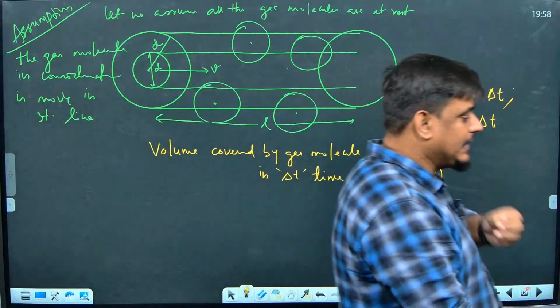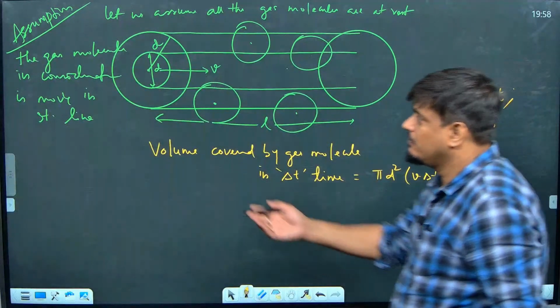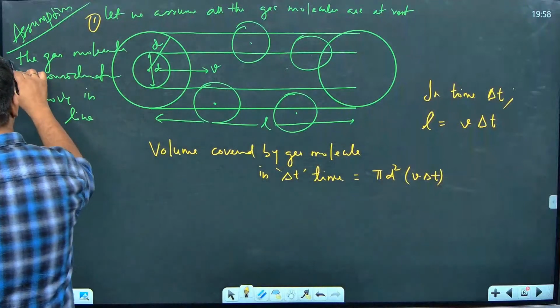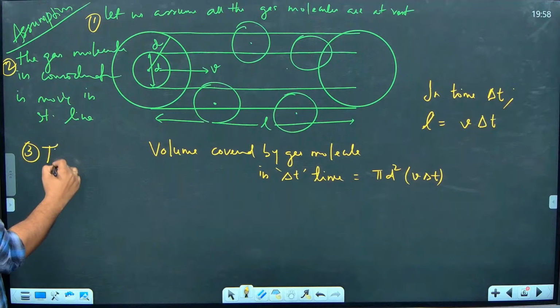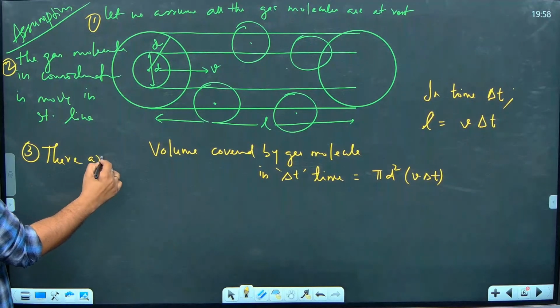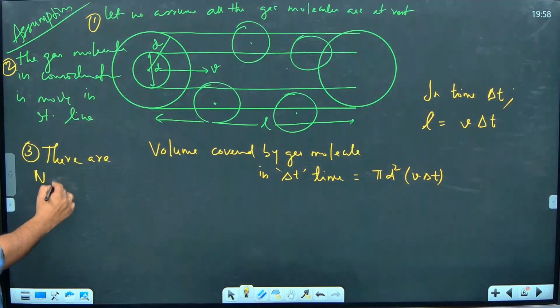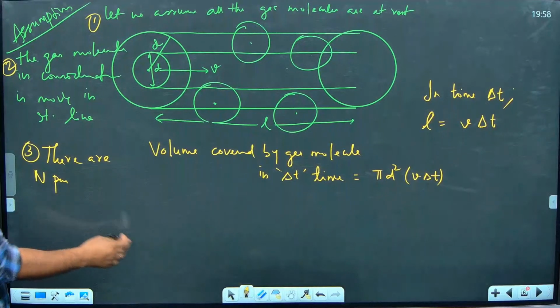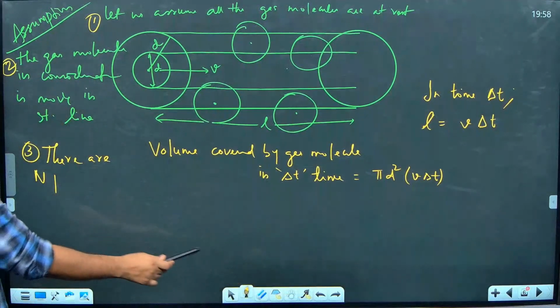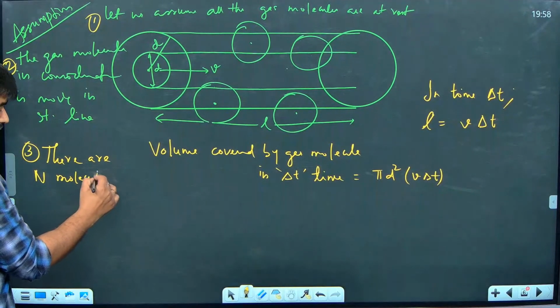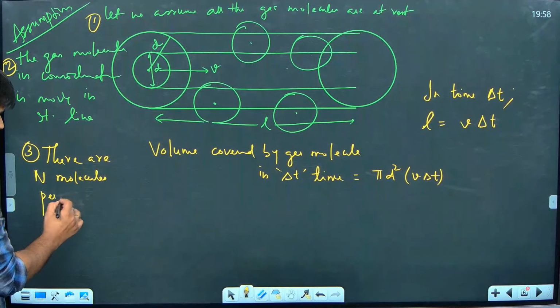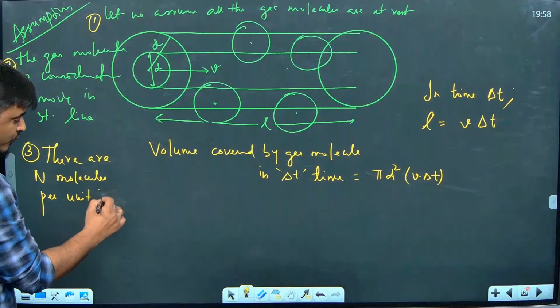Okay. Now one more thing, it is not an assumption, it is something which we are taking from the beginning. There are n particles or n molecules per unit volume.